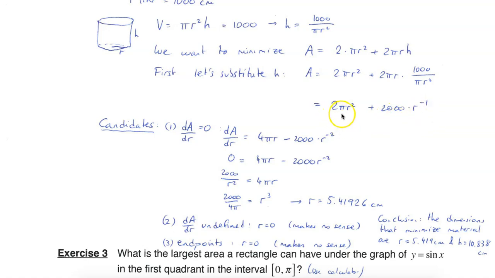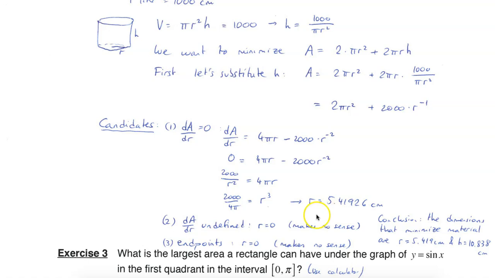It is 4 pi r minus 2000 times r to the negative 2. So I set this derivative equal to 0. I think ideally you could have this line written out there before listing the candidates, but anyways, it's 0 equals the derivative. So we solve for that, and we get eventually r equals 5 times 41926 centimeters.